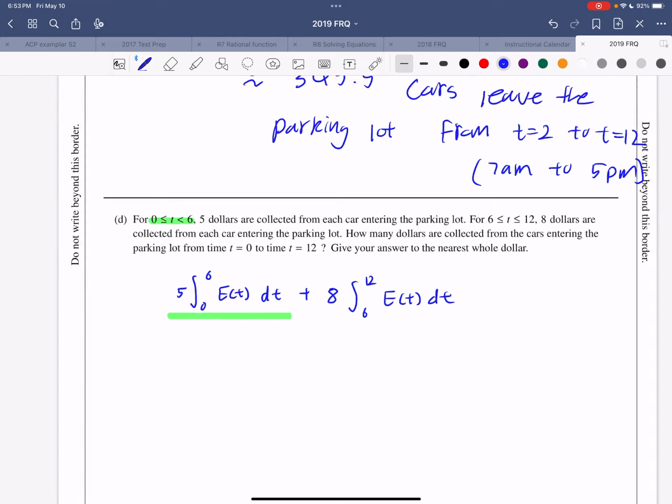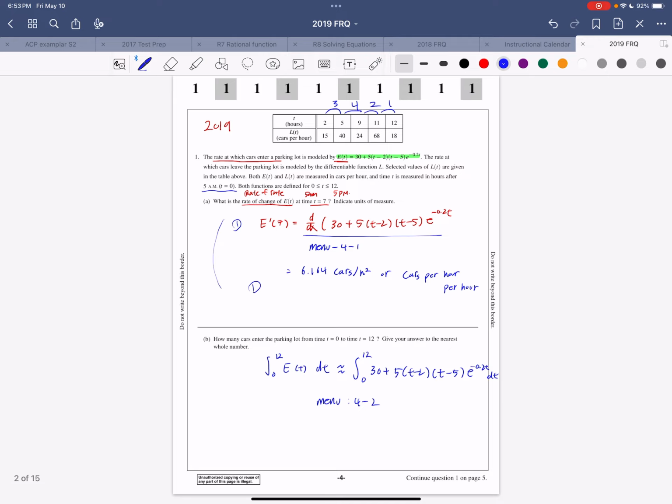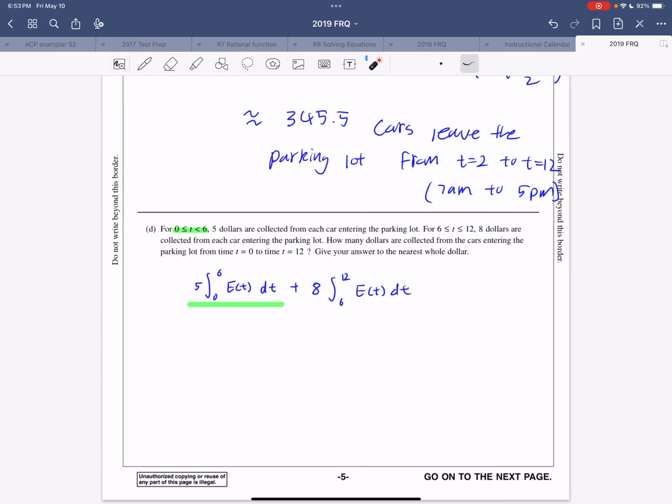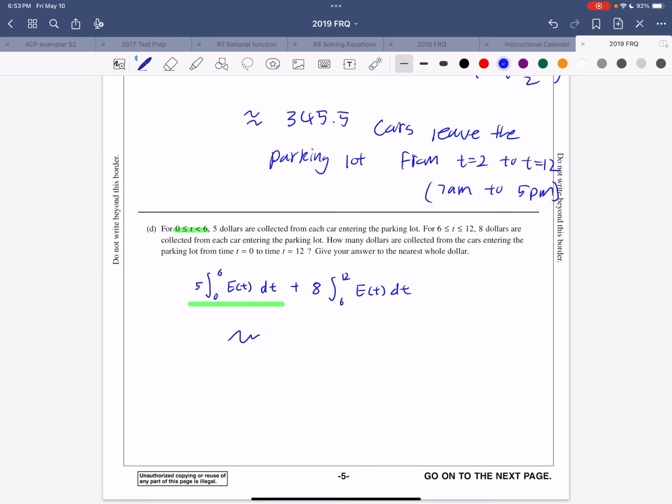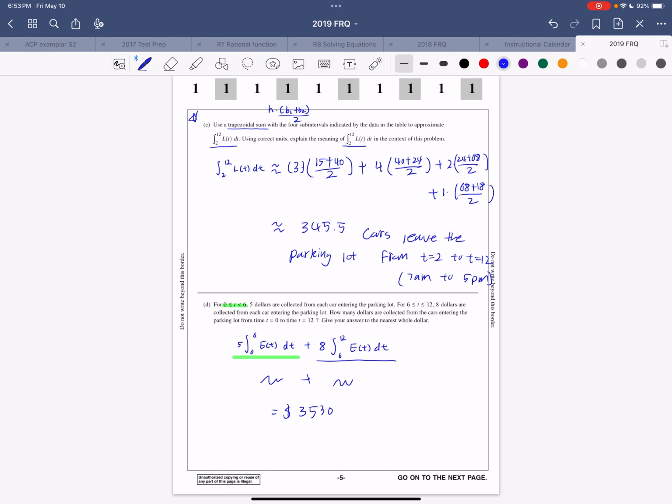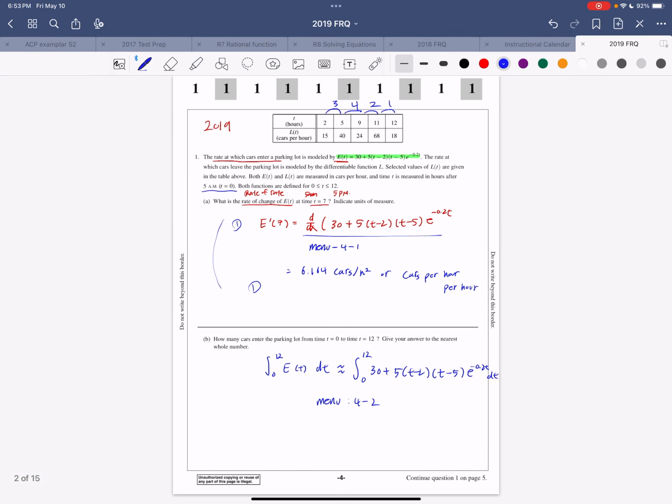Make sure you use the calculator. You're going to get some number here. I don't know what it is, you figure it out. Plus, when you plug this one in, you're going to get another number here. When you add them together, you're going to get dollars. This one looks too easy to be on the calculator portion, I'd like it on the test.